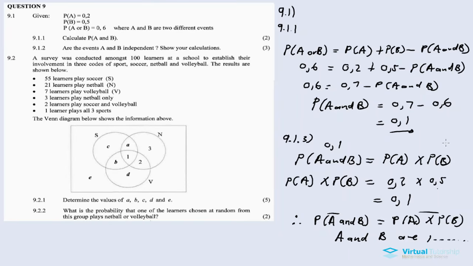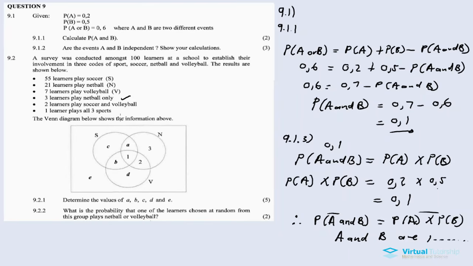So bullet point number 1, 55 learners play soccer. Number 2, 21 learners play netball. Number 3, 7 learners play volleyball. And then 3 learners play netball only. Yes, netball only.